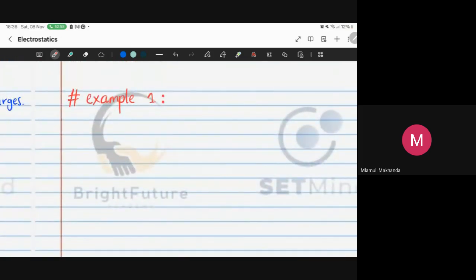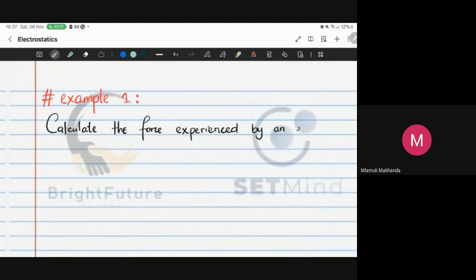Say we are told to calculate the force experienced by an electron at a point. Okay, let's write the whole thing.